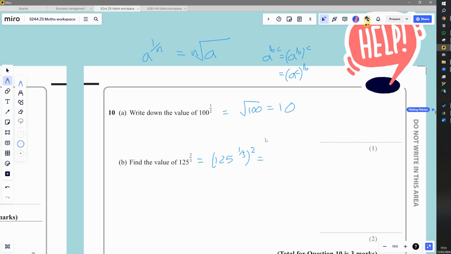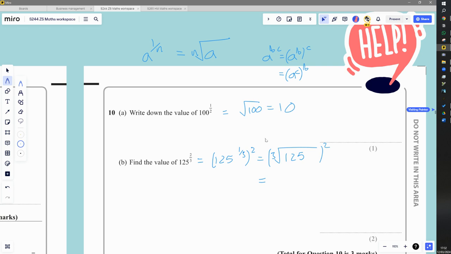And if we do a fraction like that, then that would just mean that it's the cube root of 125, and all of that is going to be squared. And that would work the same as if I put the square inside the bracket too. But you'll probably find it's easier to think about it like that in this case.